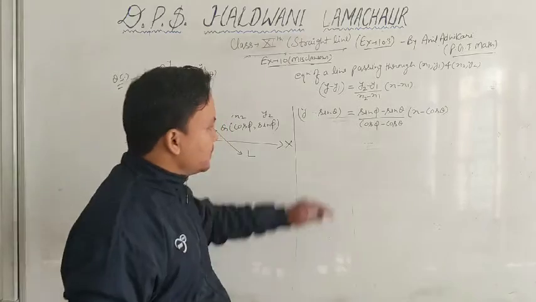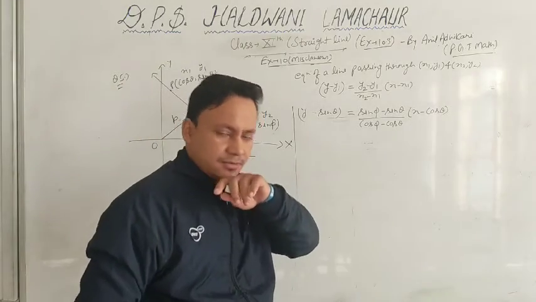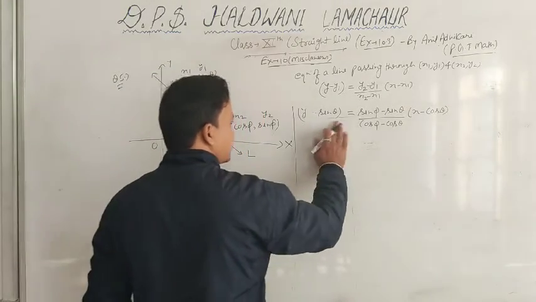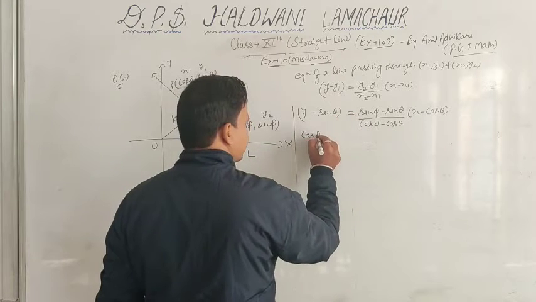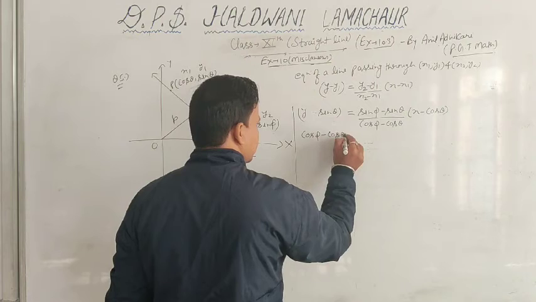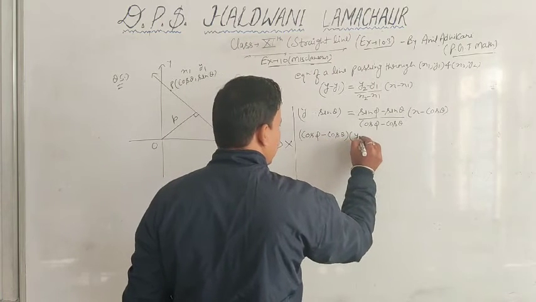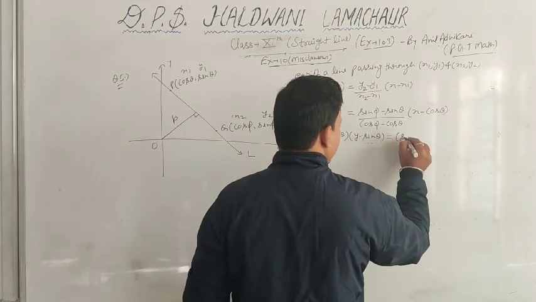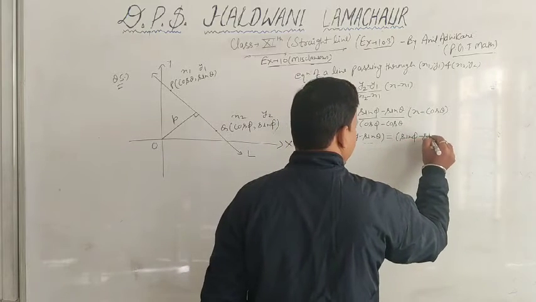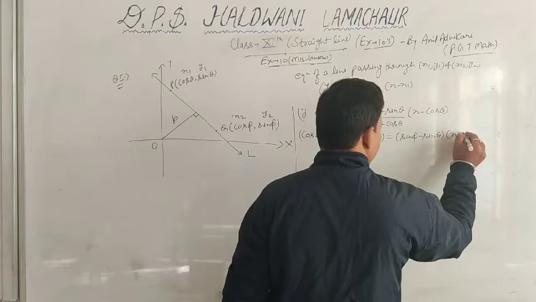Now we have to solve this equation so that we can easily find the general equation of the straight line. So (cos phi minus cos theta) multiplied with (y minus sin theta) is equal to (sin phi minus sin theta) multiplied with (x minus cos theta).